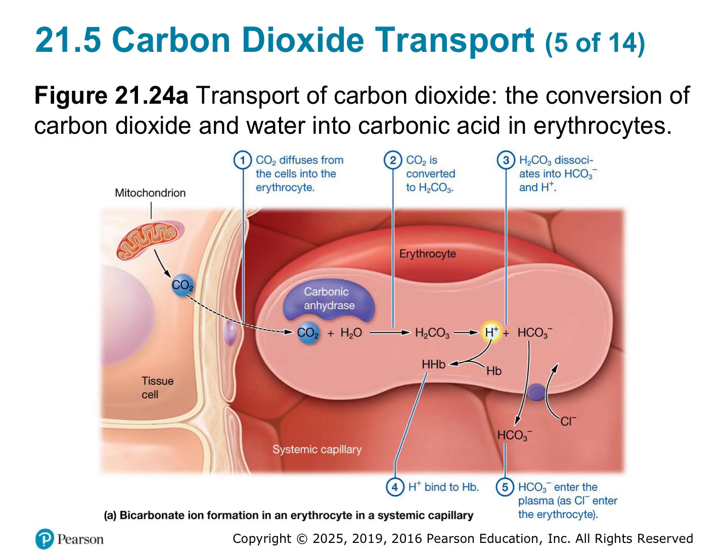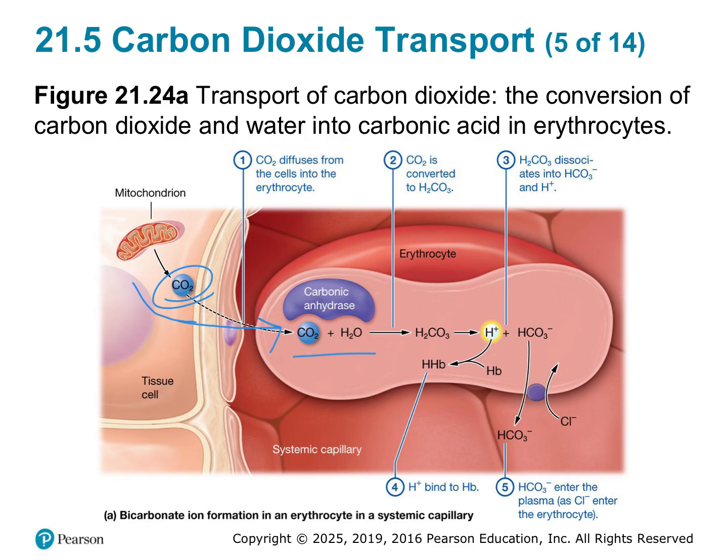So carbon dioxide from the tissue has been formed due to aerobic respiration. So in aerobic cellular respiration, one of the byproducts of breaking down something like glucose is we form carbon dioxide. So that carbon dioxide leaves the tissue, goes into the blood, gets into the red blood cells.